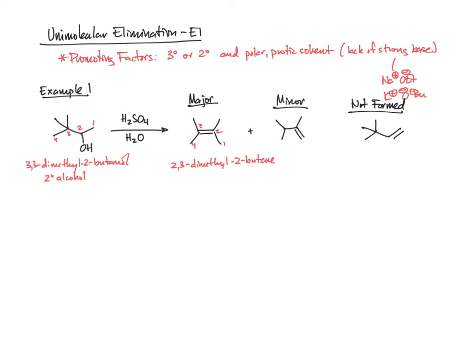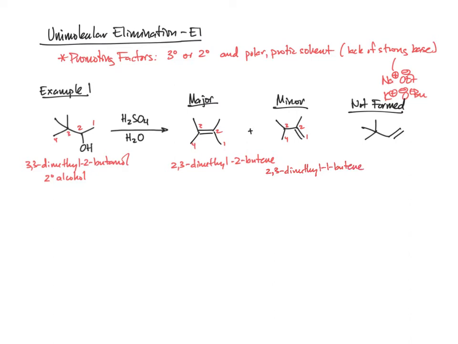Now let's go ahead and do that for the minor product as well. Now we're going to include the pi bond as position 1. So 1, 2, 3, 4. So we would then name this compound 2,3-dimethyl-1-butene.